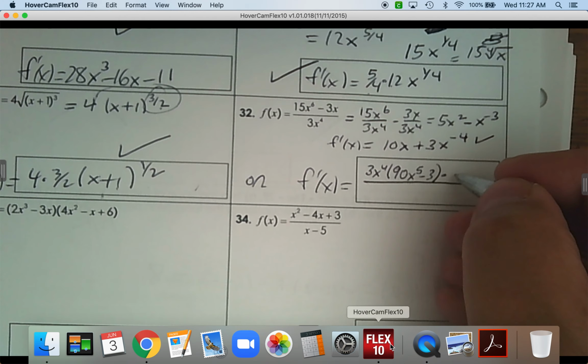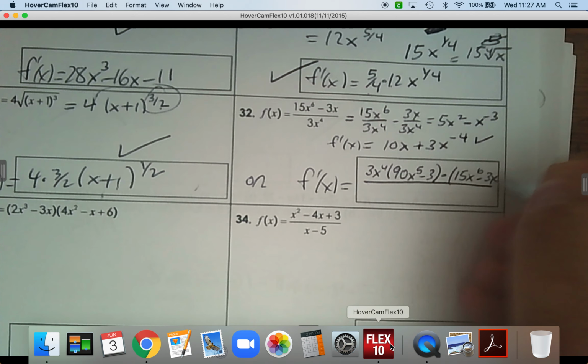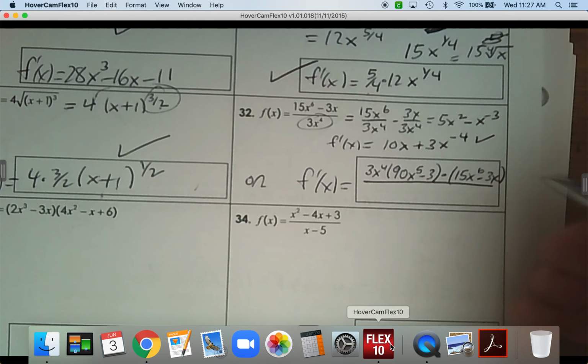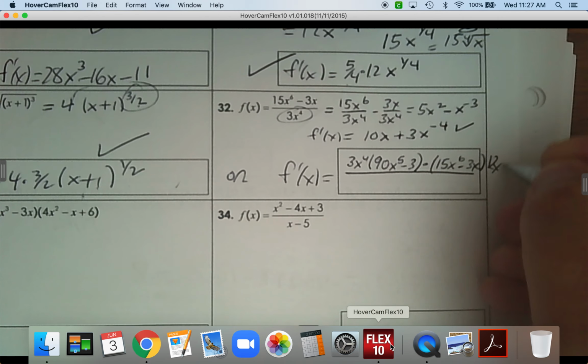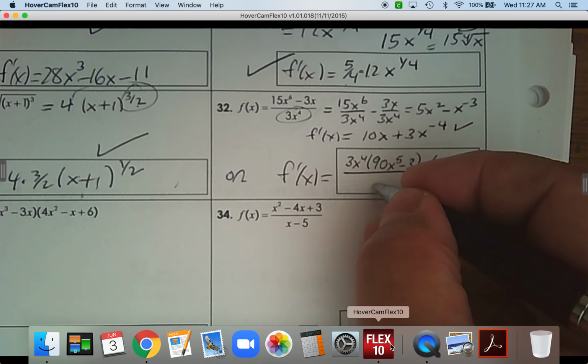Subtract the top, 15x to the 6th, subtract 3x. And then we need the derivative of the bottom, which is 12x cubed. So that's all on top. And then the bottom we square.